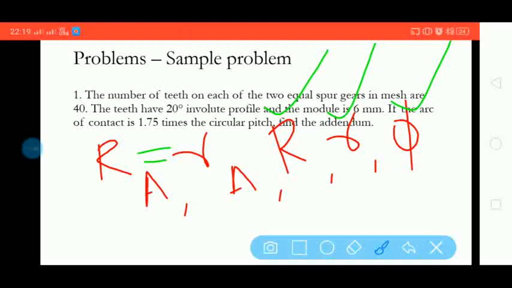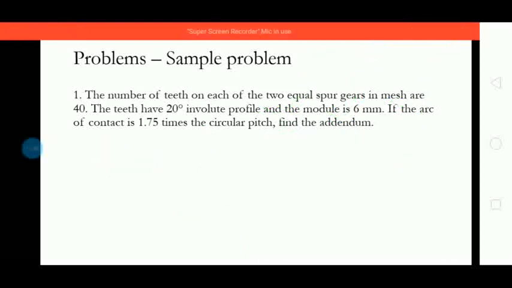So you will get the value of RA in mm. Once you get the value of RA in mm, you reduce R from RA. So you will get the required addendum value. This is the first question. You find it and send me the answer.